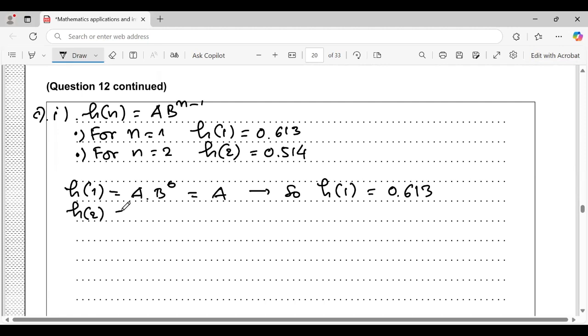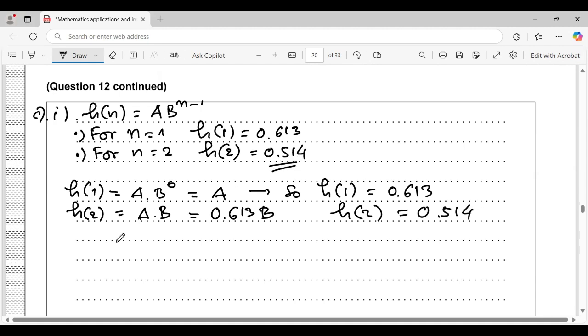So h2 equals a times b to the power 2 minus 1, power 1, and it's going to be 0.613 b, because a equals 0.613. And then we can find b because h2 equals 0.514 according to this information.